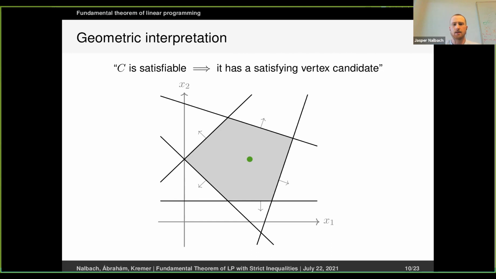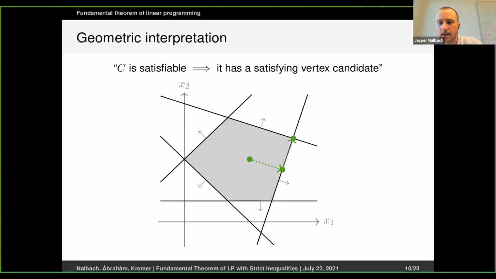Okay, so for proving the direction of the theorem, that if the system C has a solution, then it also has a satisfying vertex candidate, we start with any solution of C, and we make constraint by constraint tight under the assignment, by simply moving the assignment to the boundaries of the solution set.